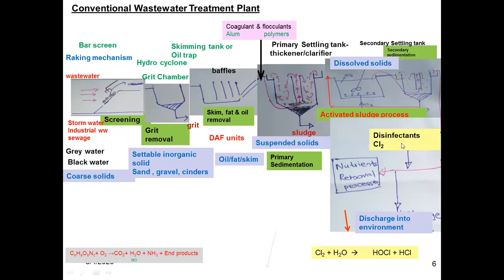When we put chlorine into the water, hypochlorous acid is formed, and then hypochlorite ion.